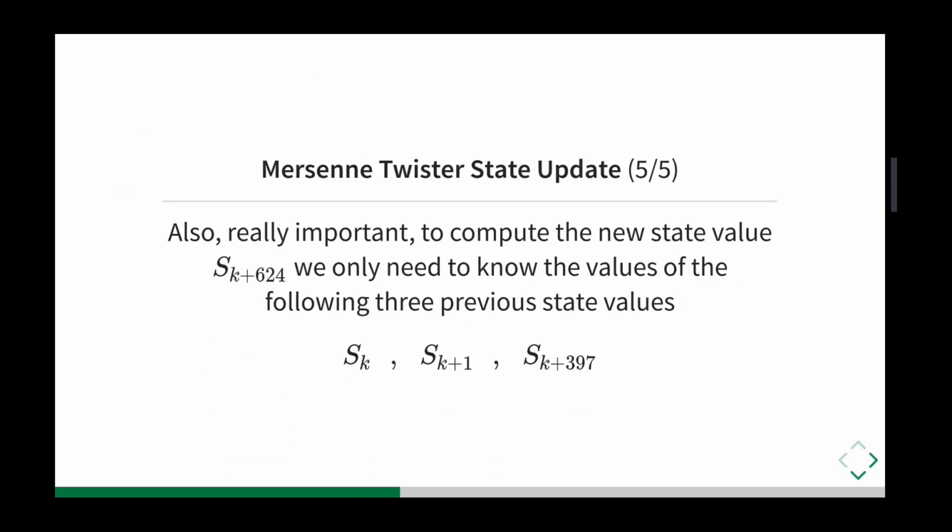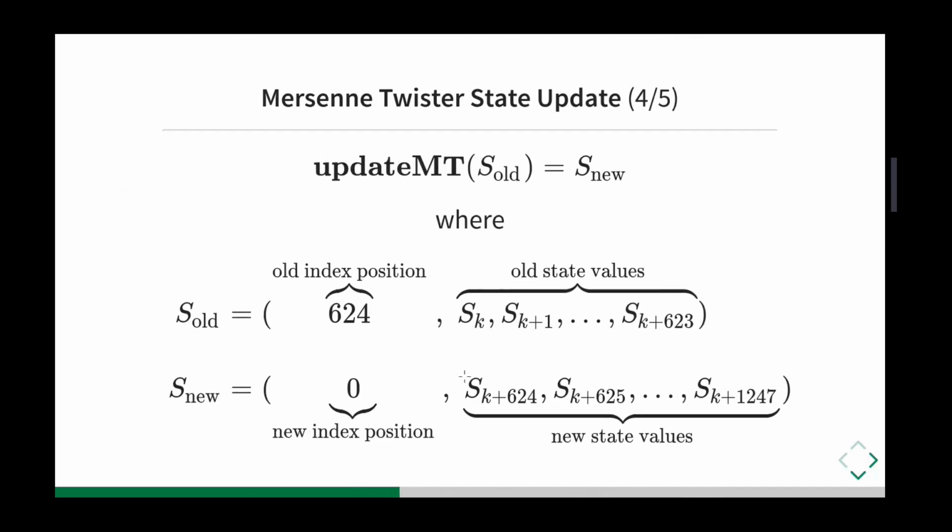Also really important, this will be useful later on. To compute the new state value S_(k+624), we don't need to use all the previous states, but only three of them: S_k, S_(k+1), and S_(k+397). So to compute the new state value, we have a bunch of constants, but we will use S_k, S_(k+1), and also S_(k+397).